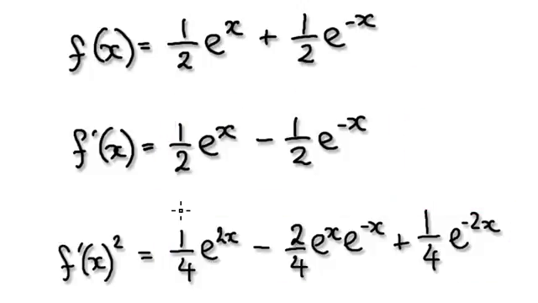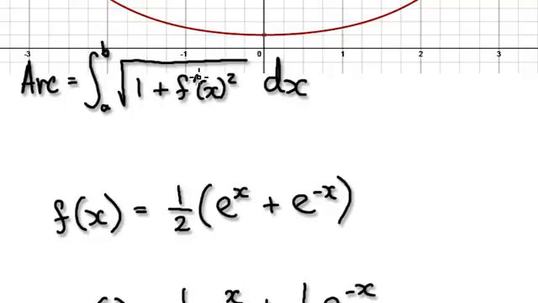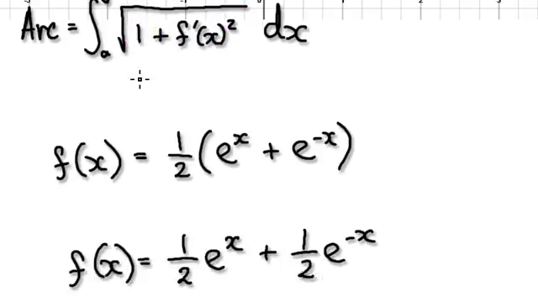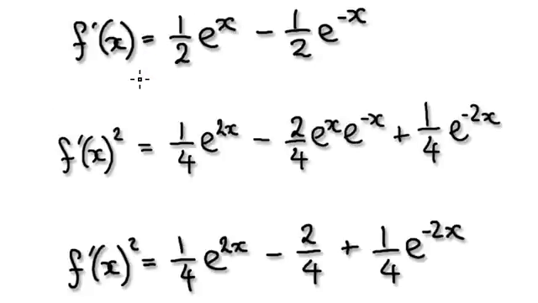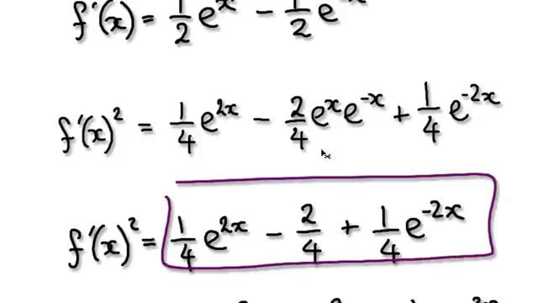Okay, and then once you're here, going back to the formula here, once you've got the derivative, you've got to square it. Once you've squared it, you've got to add 1.